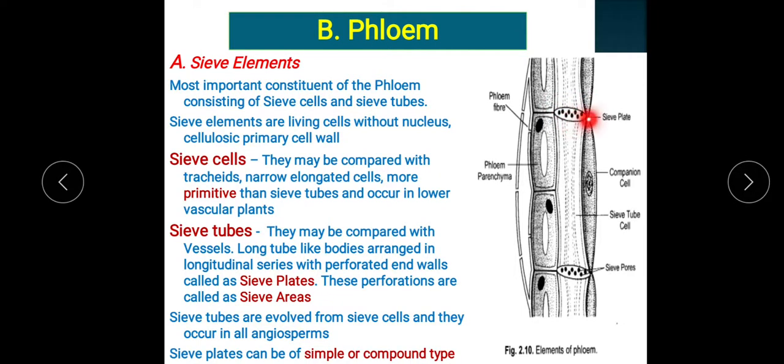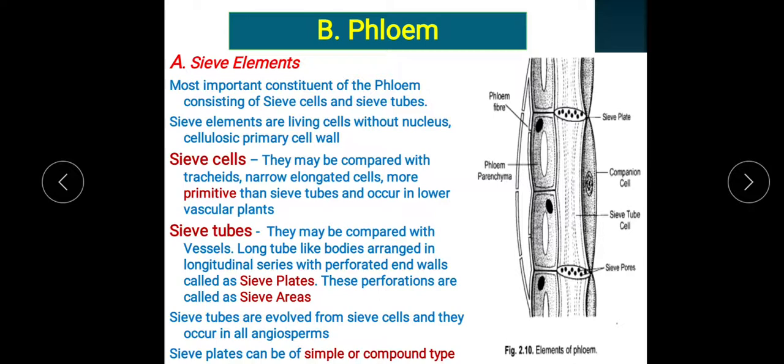You can see these are called the perforated end walls, having perforations, meaning small openings. The major translocation of food material takes place through the sieve tubes, similar to the vessels, which mainly translocate water in the xylem.